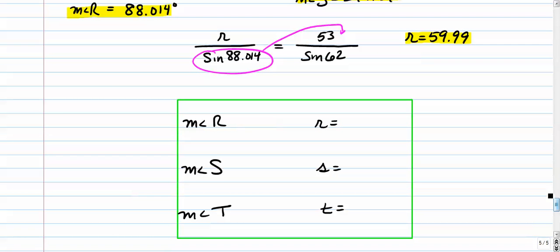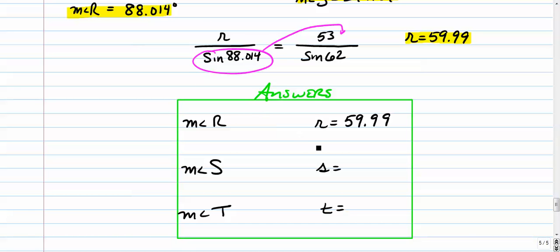All right, so in our answer box, we're going to put the measure of the three angles, the measure of angle R, measure of angle S, measure of angle T, little r, little s, and little t. And we just want to consolidate our answers, make it really easy for your teacher to see that these answers are in fact your answers. I'll even call it the answer box.